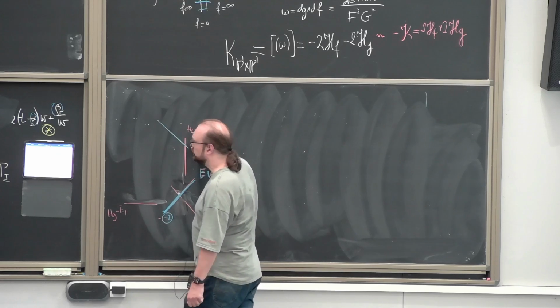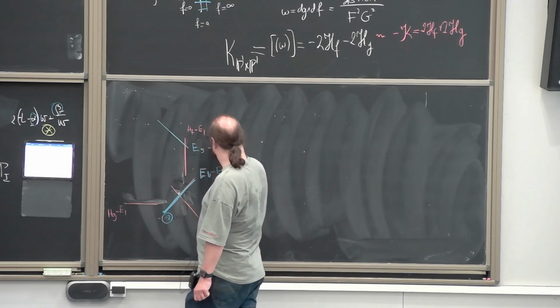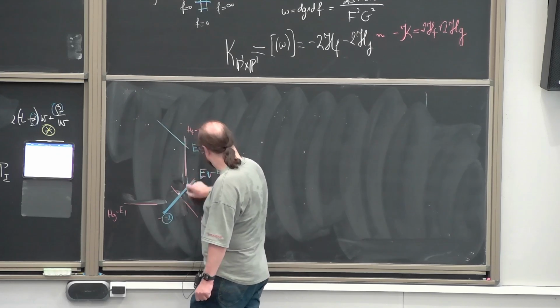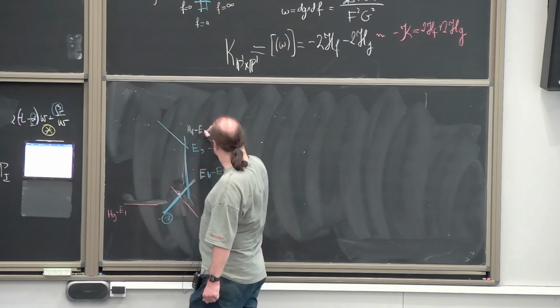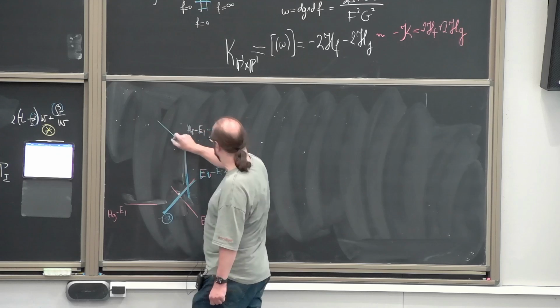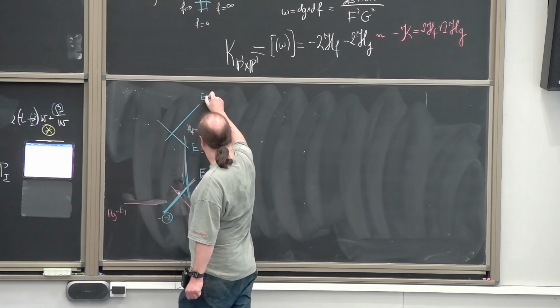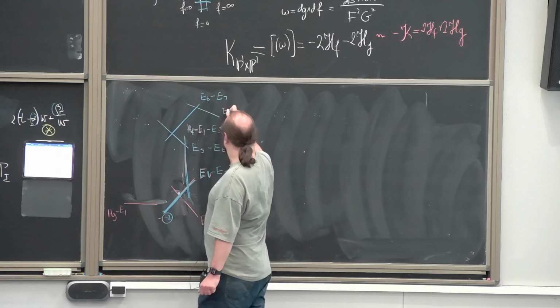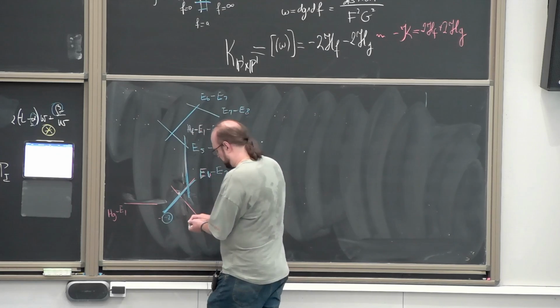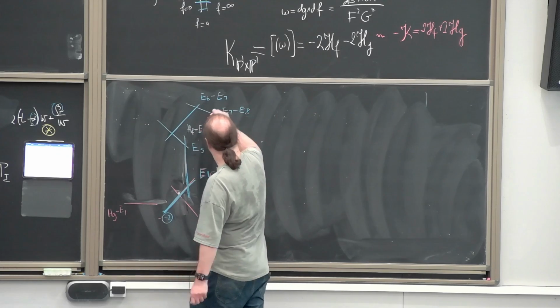So here you will have E5 minus E6. This line would actually be Hf minus E1 minus E5, E6 minus E7, E7 minus E8, and here you will have E8.